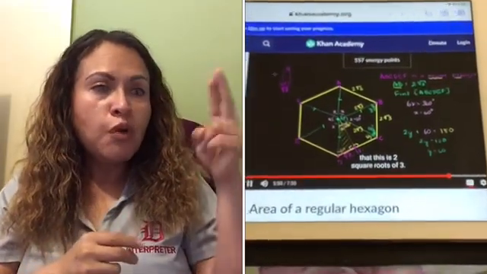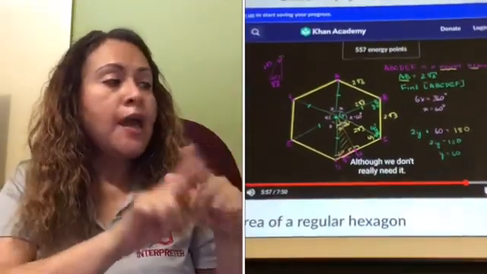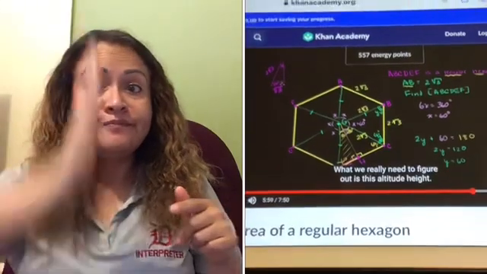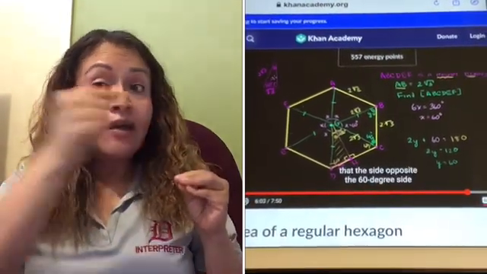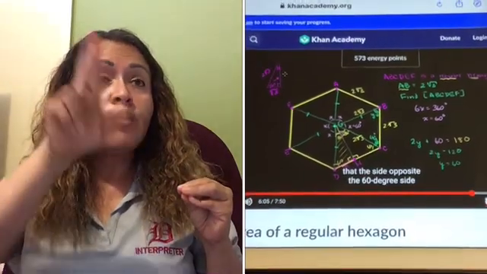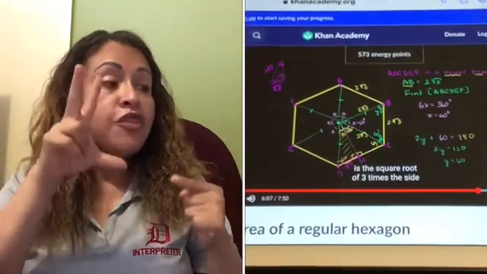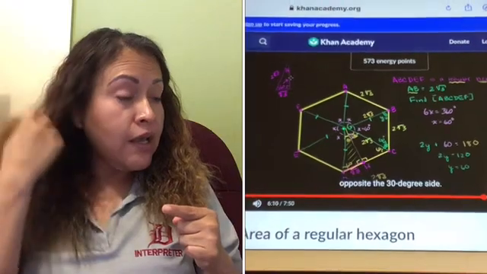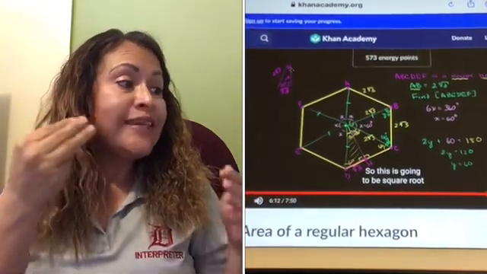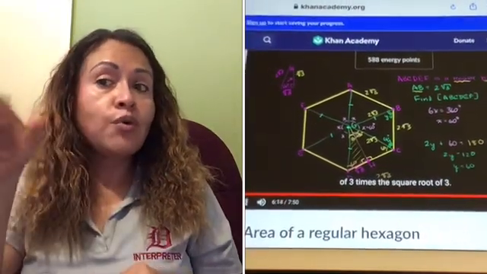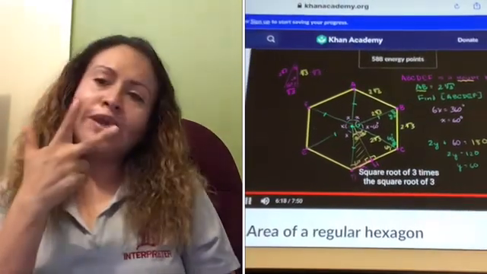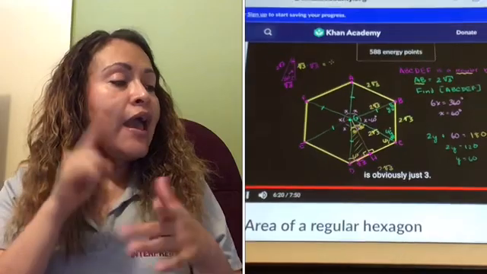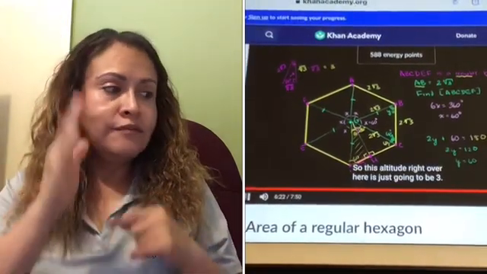What we really need to figure out is this altitude height. And from 30, 60, 90 triangles, we know that the side opposite the 60-degree side is square root of 3 times the side opposite the 30-degree side. So this is going to be square root of 3 times the square root of 3. Square root of 3 times the square root of 3 is obviously just 3. So this altitude right over here is just going to be 3.